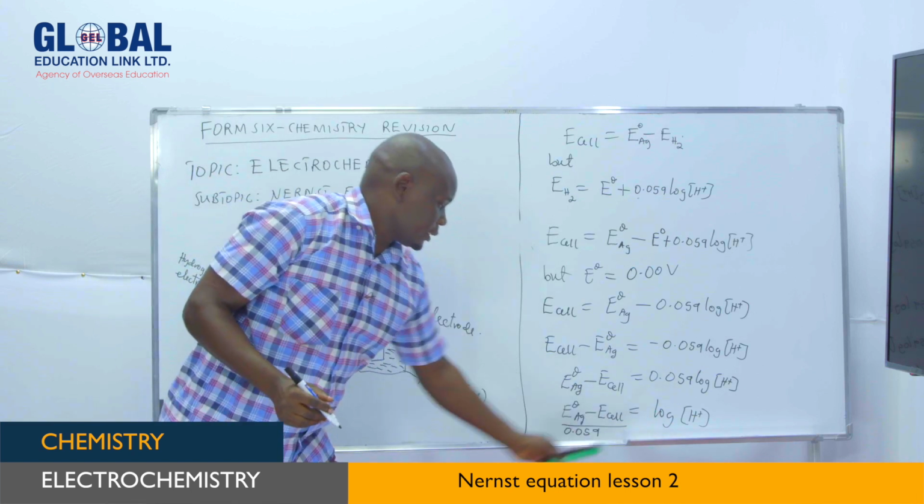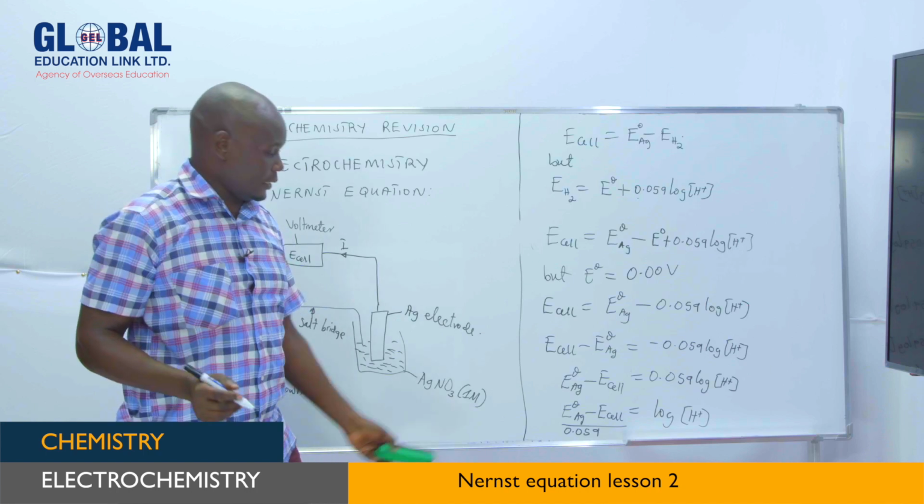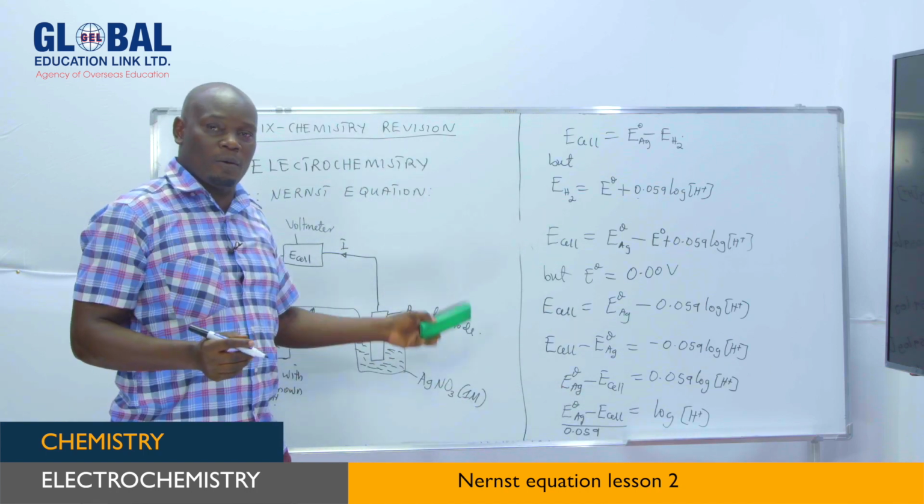Now let us multiply by a negative sign on both sides so that we get the negative log of concentration of hydrogen ions, which will be our pH.